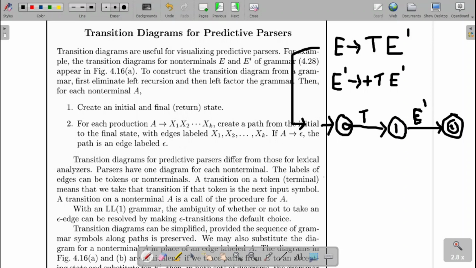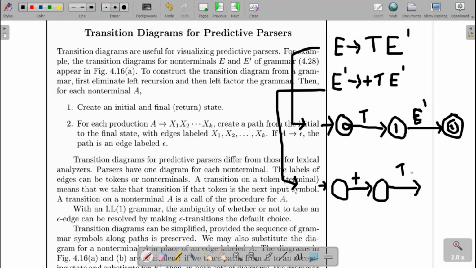Now if I go for constructing the diagram for E dash: start state, then on plus I will go to the next state. Next again on T, I will go to the next state.